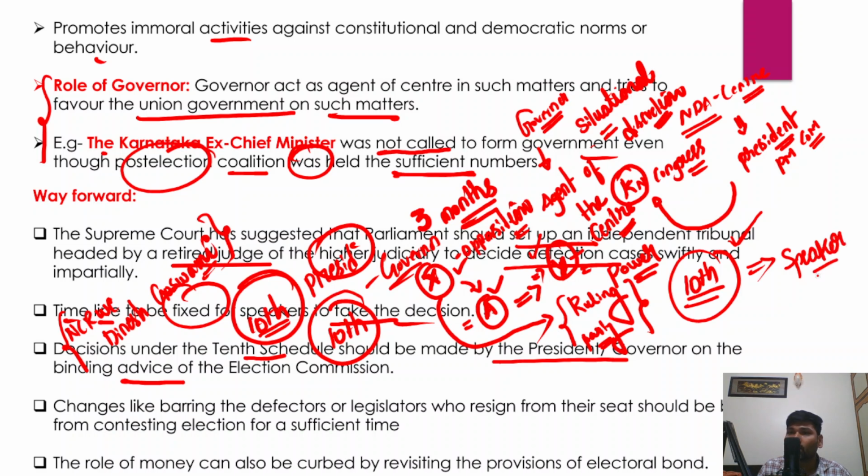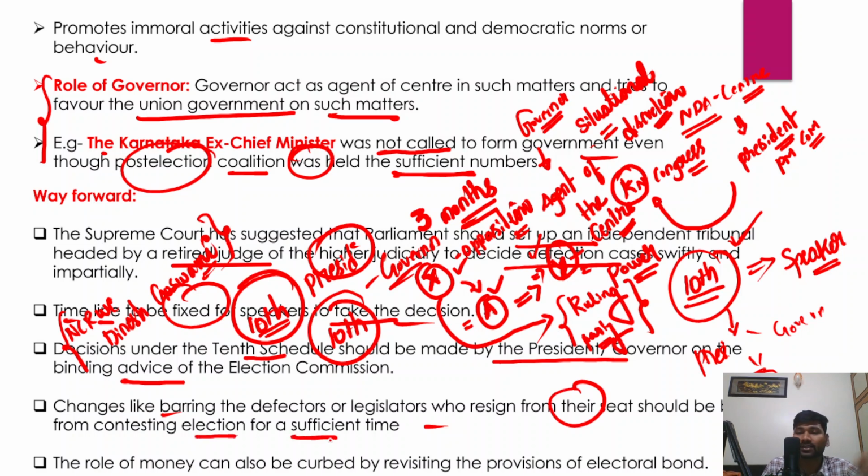However, as of now, a number of committees have been recommending that this power should be transferred to the president at the central level and governors at the state level on the recommendations of the Election Commission of India. And in fact, changes like barring the defectors or legislators who resign from their seat should be barred from contesting elections for a sufficient time.